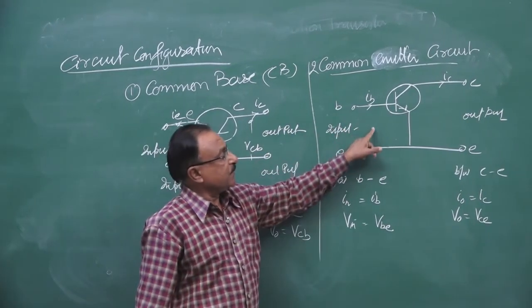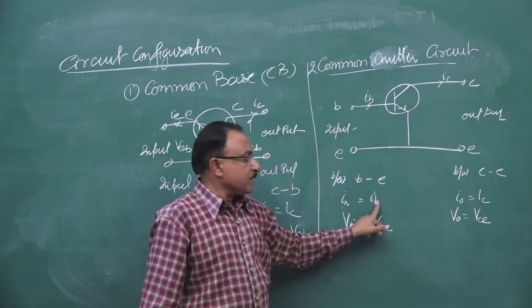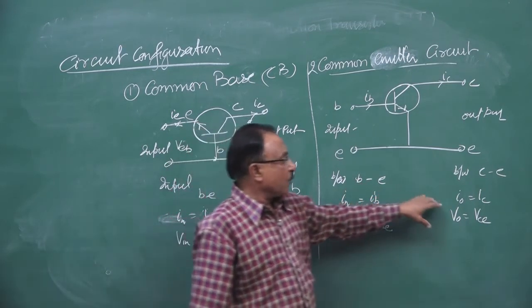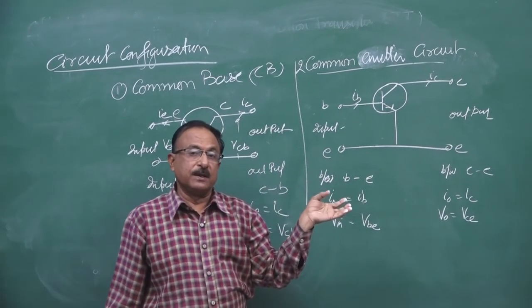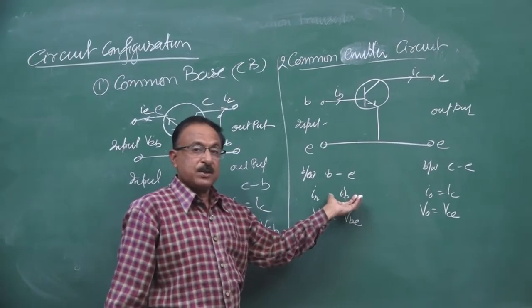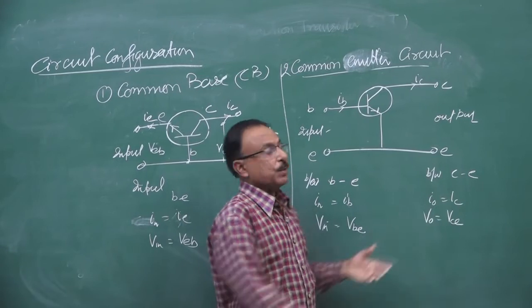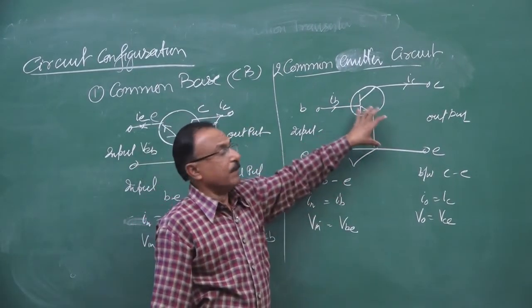When we use the common emitter circuit, input current is the base current, which is 5% of the emitter current. Output current is the collector current, which is 95% of the emitter. So we give 5% of input and we get 95% of output. So this is a very useful and most commonly used circuit.